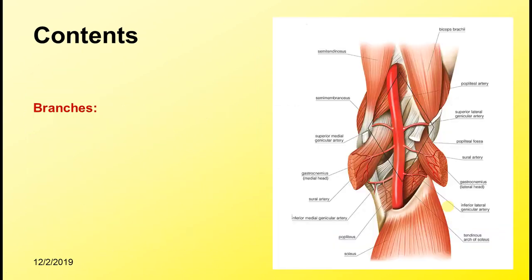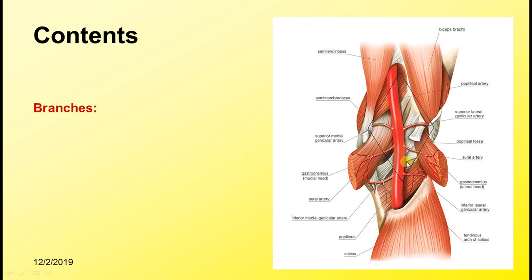Now coming to the branches, it gives three sets of branches. You can tell cutaneous branches, which is going to supply the skin of the back of the leg. Again it is only blood supply, not the nerve supply, because nerve supply is very important: when there is a loss of sensation, you can identify which nerve is involved.